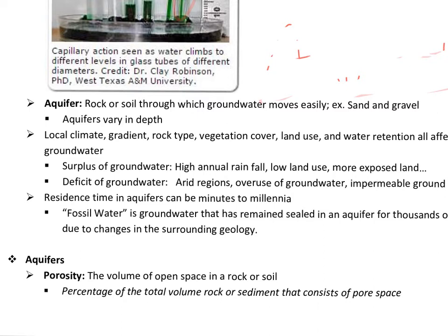But it's the interconnection between the pores that will give us what we call permeability. So the ability for water to pass through the grains is not directly related to the porosity, right? You need some space in there in order to be able to get water to pass through, but it's important that you guys understand that a high porosity does not necessarily mean that you're going to have a high permeability.